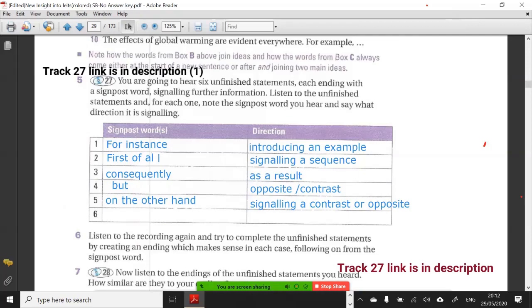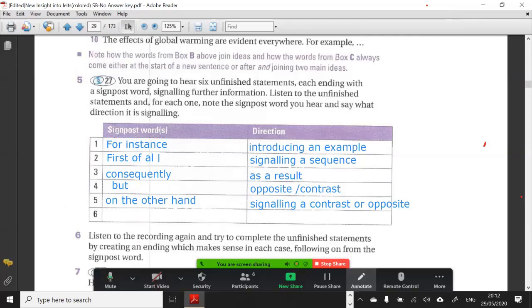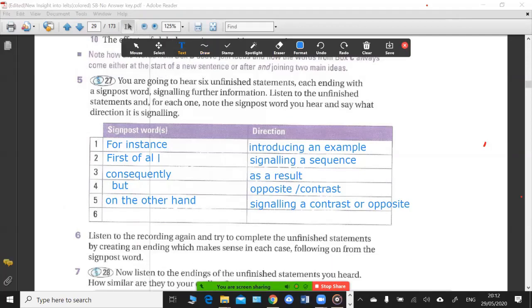It's easy. We have already done this one. So signpost: firstly, secondly. Direction: signaling a sequence or setting out the stages of the talk, right?